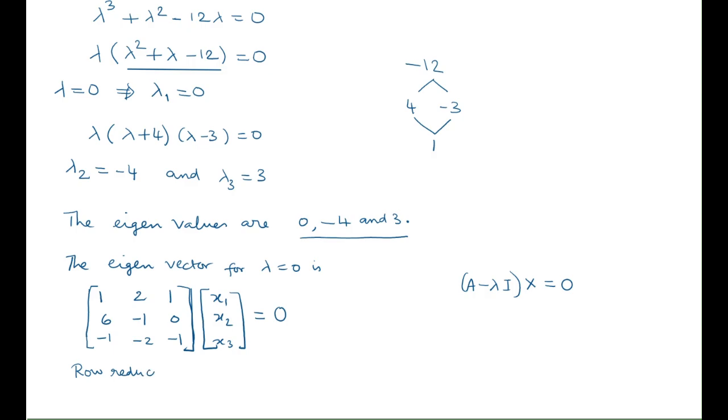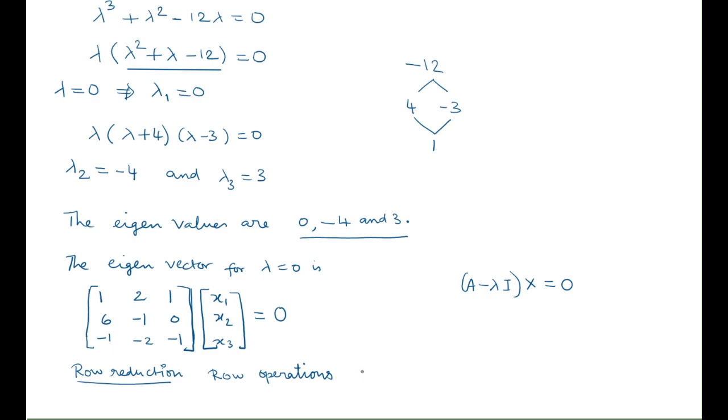Row reduction is done through row operations. Row operations are just multiplying one row with a scalar and adding it to another row multiplied by another scalar.